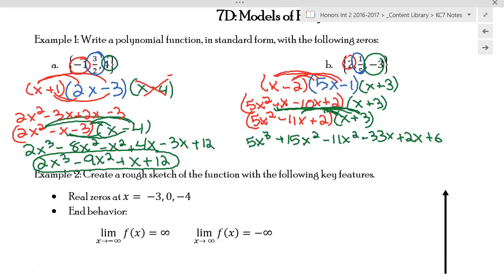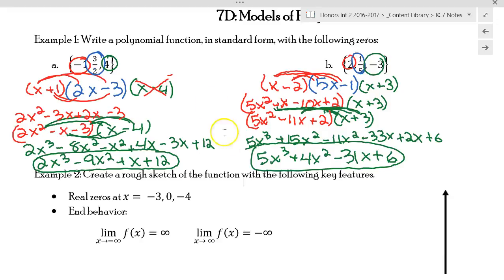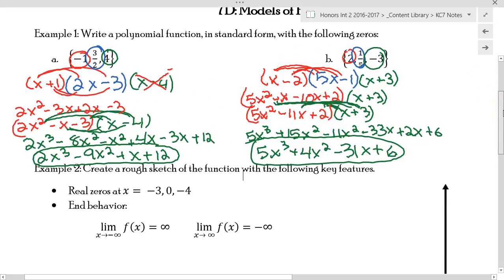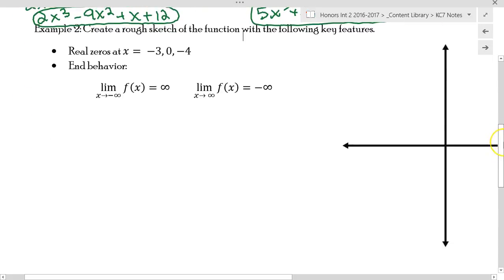And then again, just simplifying, I get 5x cubed plus 4x squared minus 31x plus 6. And that is my answer. This part is very similar to what we did in target C.